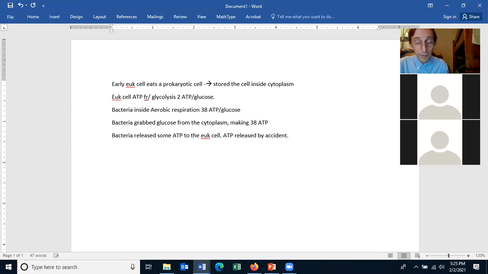I mean, it's possible the bacteria knew what it was doing. Of course, it's not a thinking creature, and realized, hey, let's make the eukaryotic cell like me, and then it'll keep me around and it won't eat me. And that's entirely possible. I have no idea.